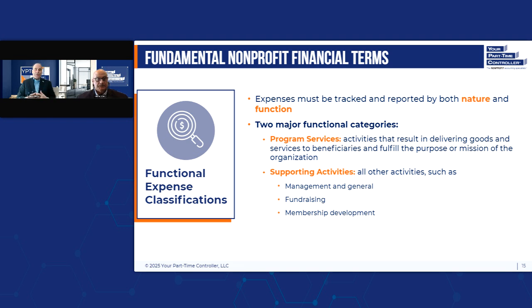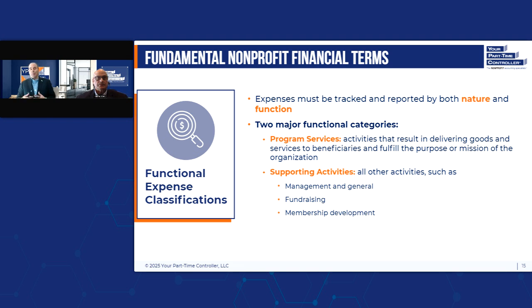Our program services are what we're doing to benefit our stakeholders, society, the public, what we're doing to fulfill our mission. Support activities are the activities that help support the organization as a whole, and they're subdivided into two categories: management and general, and fundraising.